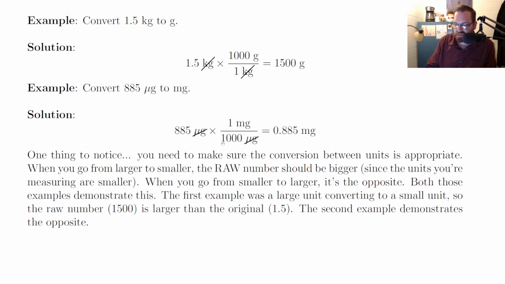So the larger unit is going to be on top, which means the larger number is going to be on the bottom. Once you understand that, it makes a whole lot of sense, but it's tricky to mentally process. Bigger units means I have smaller numbers, versus bigger numbers and smaller units.